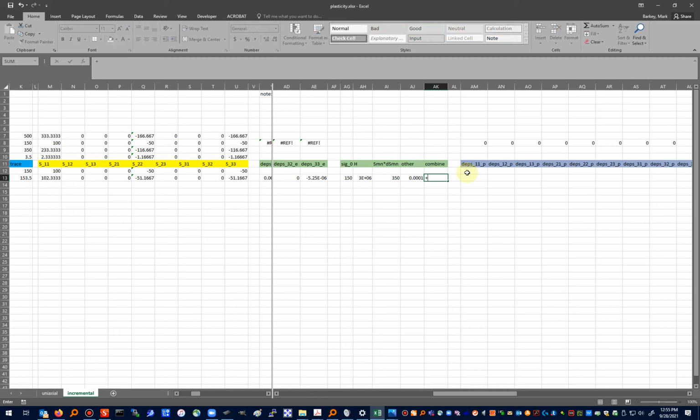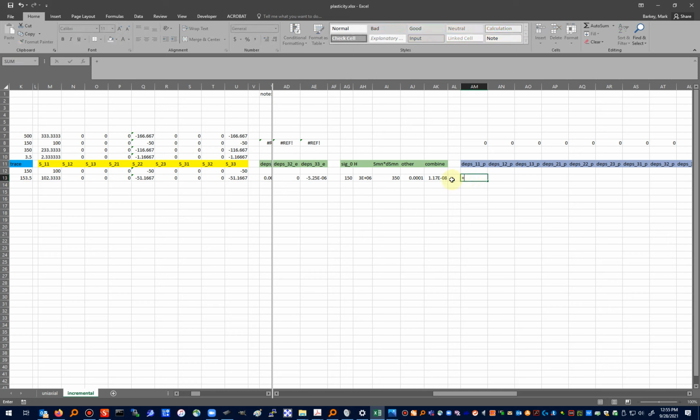So, alright. The other terms divided by the plastic tangent modulus times this term, and that should be all I need because I've already taken care of the sigma naught squared. So all of those are fixed for all the increments of plastic strain.